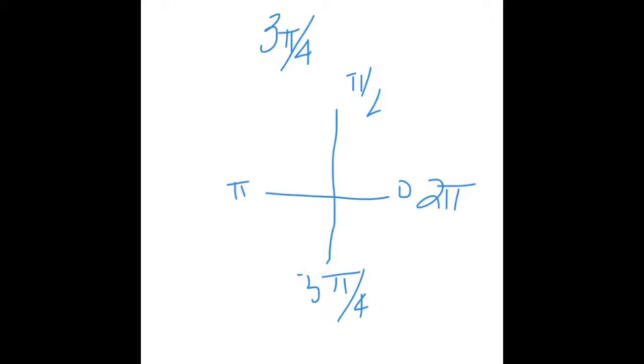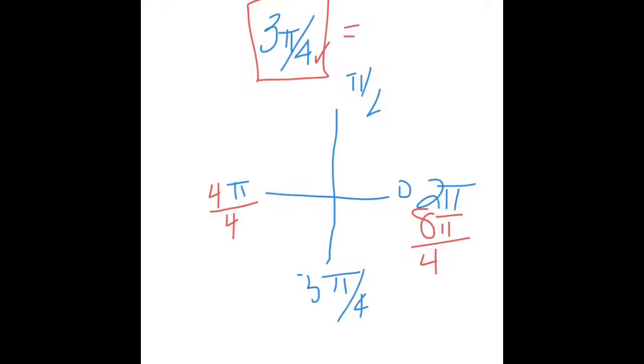So the way that I do this is, anytime I have an angle measure given to me in radians, the first thing I want to do is change all of my measurements on my unit circle to the same denominator. So pi is really the same thing as 4 pi over 4, and 2 pi is the same thing as 8 pi over 4, right? Because 4 over 4 is 1 pi and 8 over 4 is 2 pi.